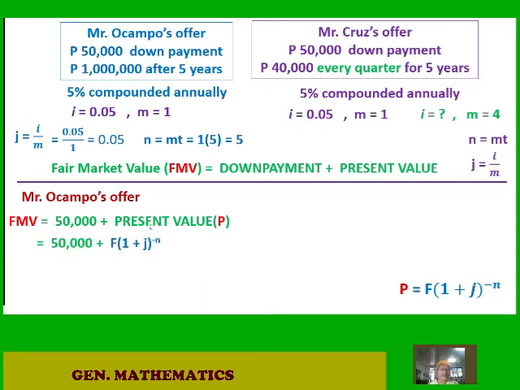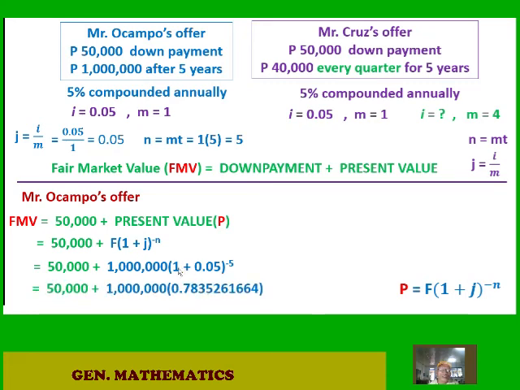So let us determine the present value, P, with this formula. Substitute F, 1 million, J is 0.05, N is 5. Okay, raise this to the negative 5, then multiply with 1 million, then add.